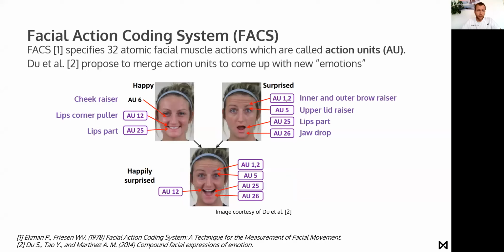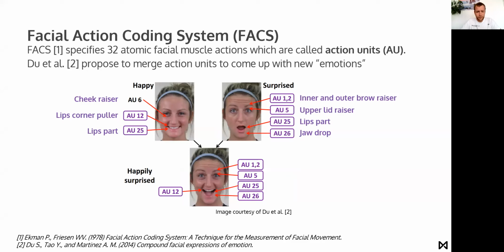Another interesting approach is a facial action coding system called FACS. This was developed in the late 70s, proposed again by Ekman and Friesen, and was initially used to train humans to identify emotions. FACS specifies 32 atomic facial muscle actions, which they call action units.